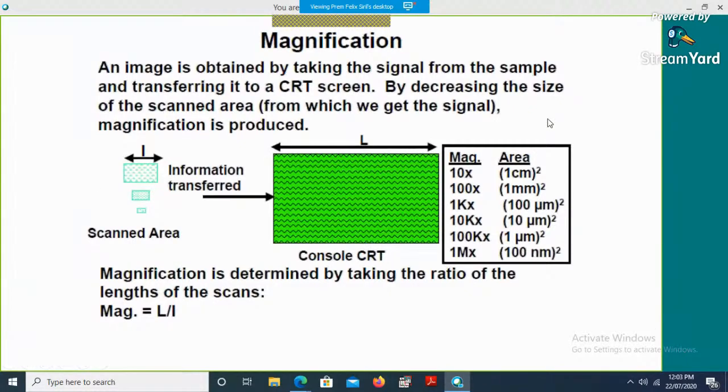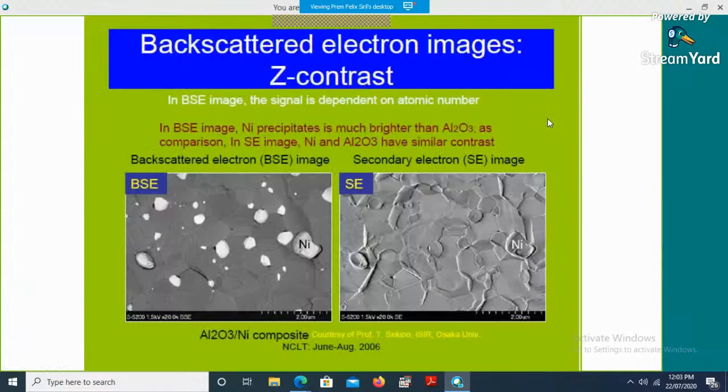Now we learned there are two different types of detectors that we use in scanning electron microscopy. You have the backscattered electron detector, and you have the secondary electron detector. Is there any difference in the information that you can gather from these two types of detectors?